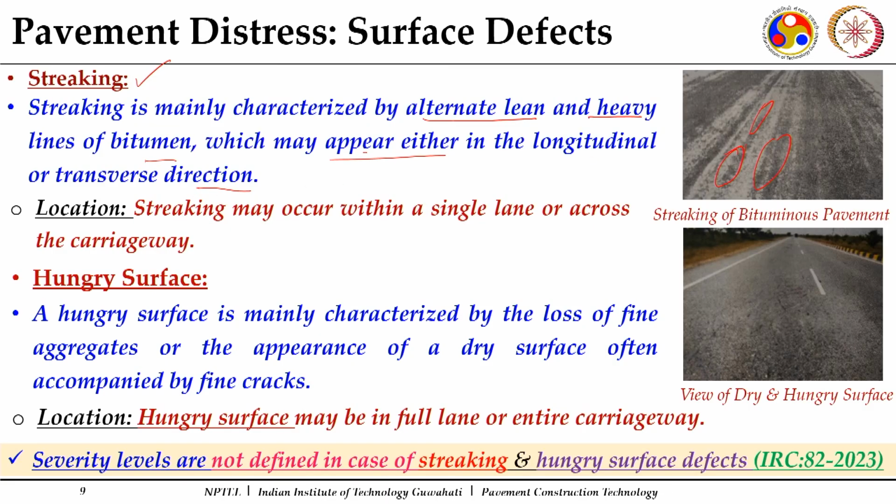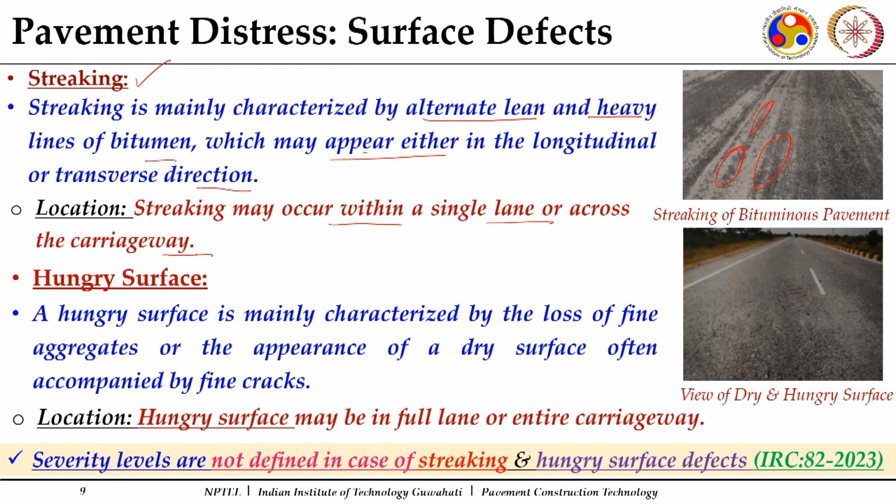The causes we will discuss in next lectures, but here is how it appears. You can see in this one there are streaks, certain lines where in some portions there are heavy lines of bitumen, and in the other parts there is lean bitumen. A streaking may occur along a single lane or across the carriageway.